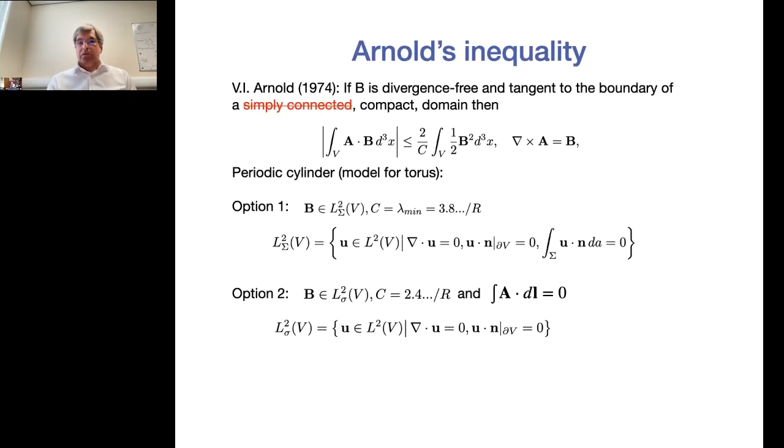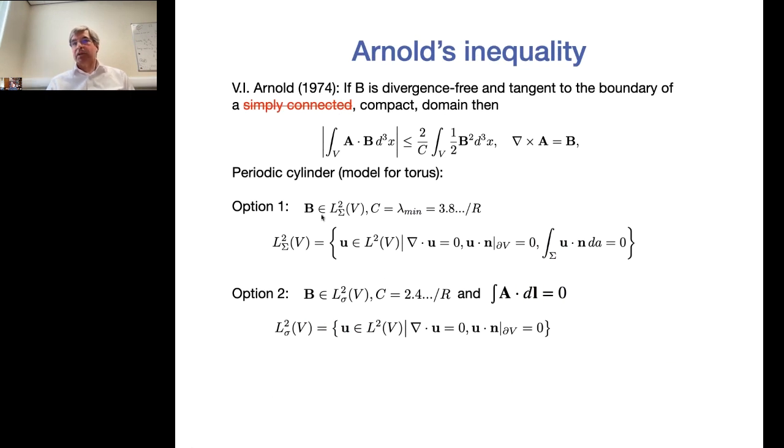So to summarize this, if B is divergence-free and tangent to the boundary, and we now drop the simply connected condition, then we can still apply our inequality. However, we have to make sure that we are in one of these two options.